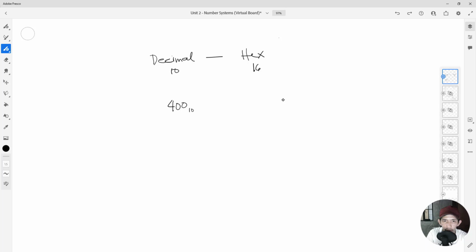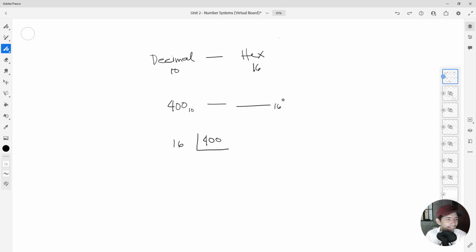What will be the value of 400 when we convert that into hexadecimal 16? As the step said, we have to write down the decimal number 400, and then we're going to divide it by 16.